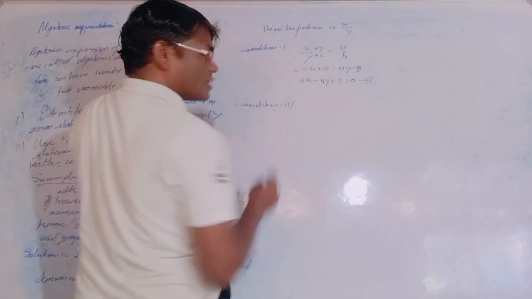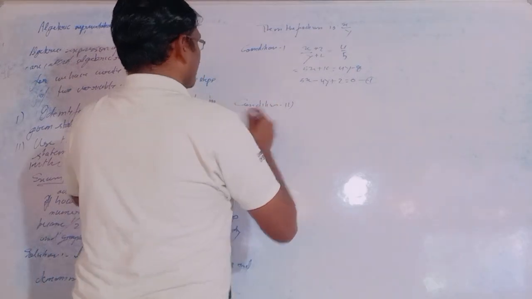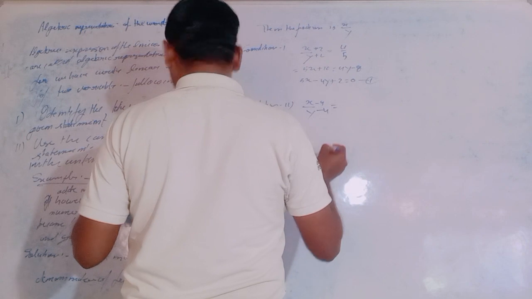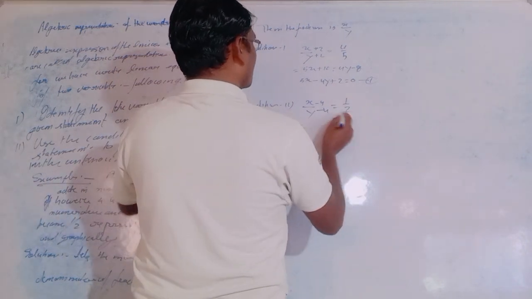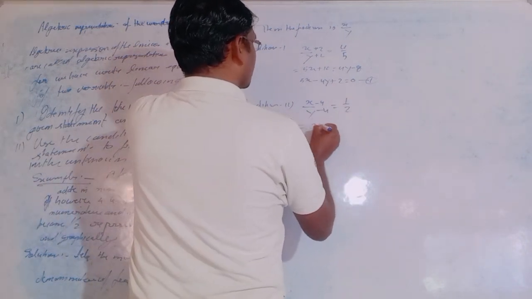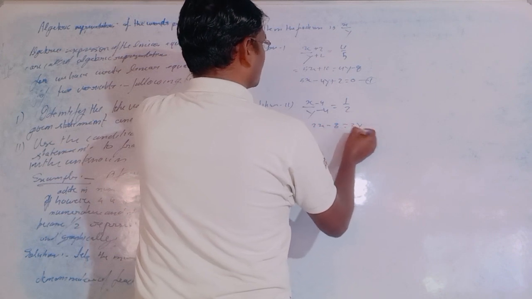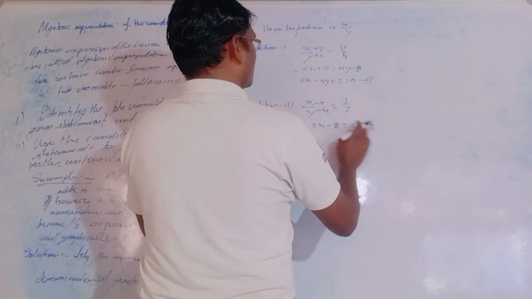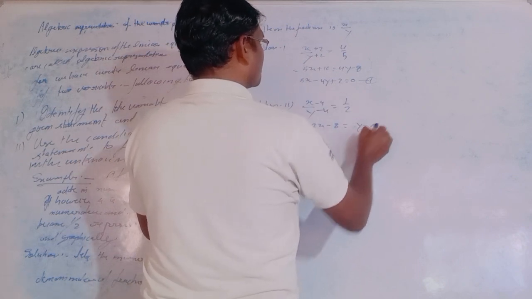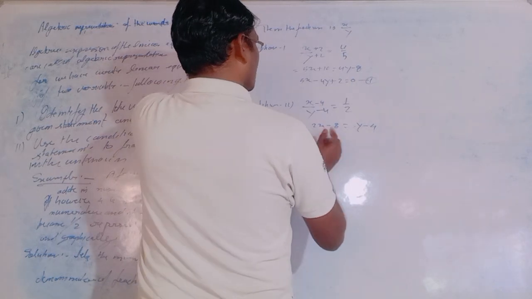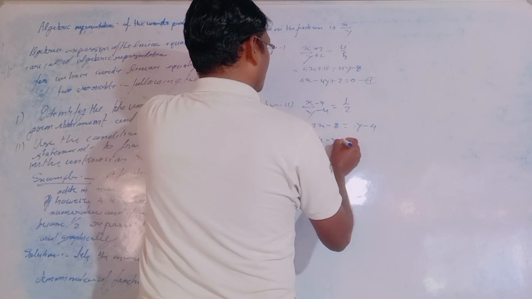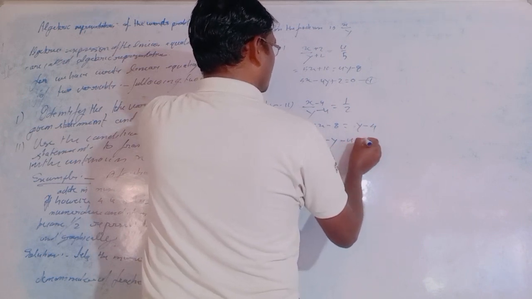Condition second: if we subtract 4, (x minus 4) by (y minus 4) is equal to 1 upon 2. By cross multiplication, 2x minus 8 is equal to y minus 4. So you will get 2x minus y minus 4 is equal to 0.